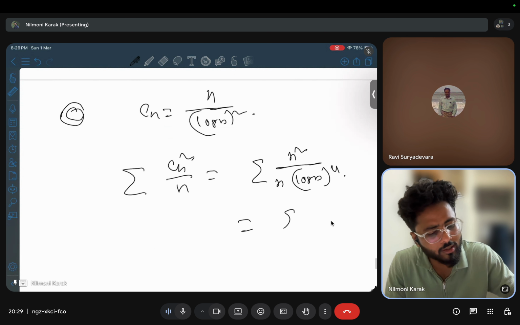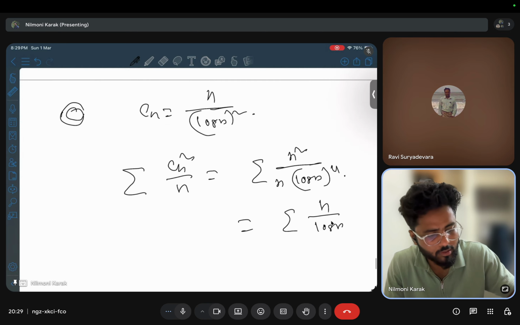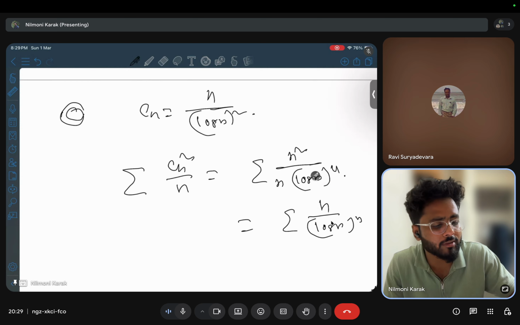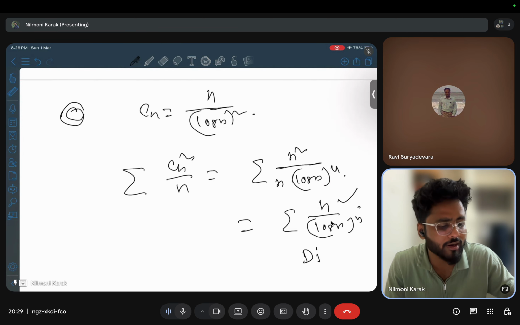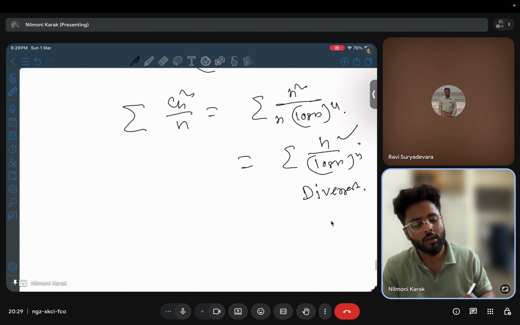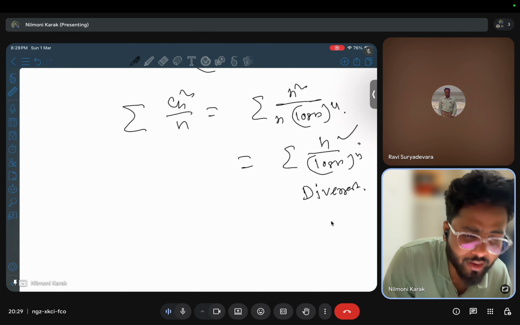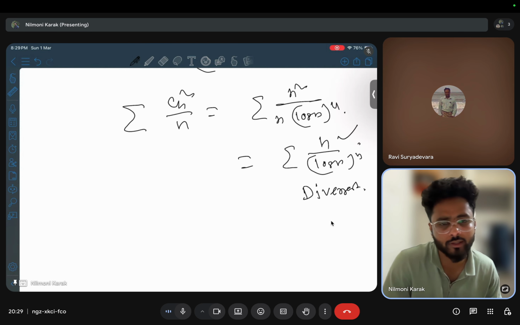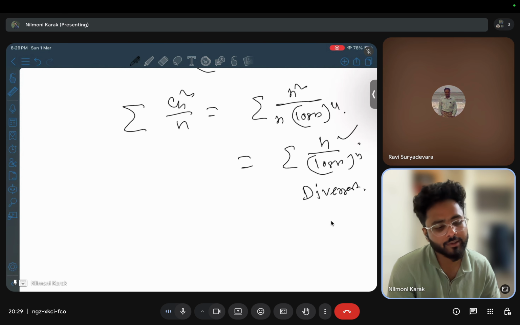So this is not convergent at all because in the numerator this is bigger. So this is divergent. Log is smaller than n, right? And any power you take, this is still less than n.